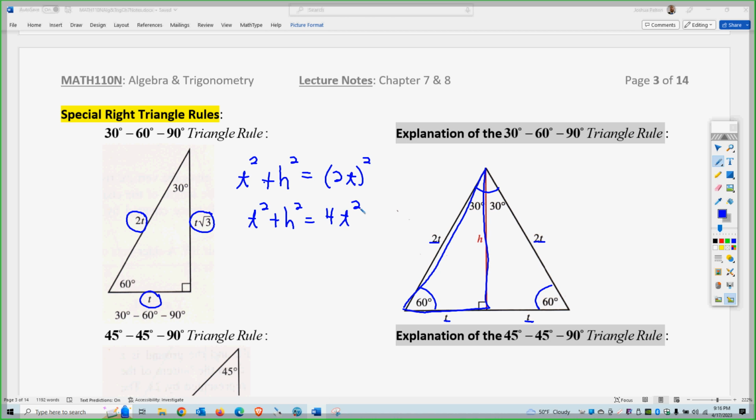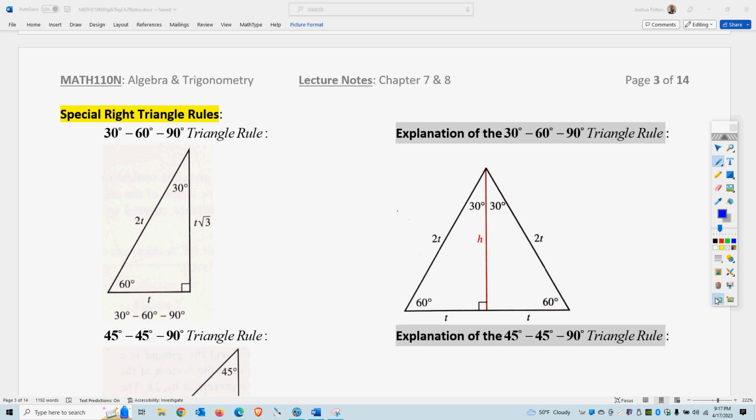So if I subtract t squared, I get h squared equals 3t squared, or h equals the square root of 3t squared. So h equals root 3 times t. It's really plus or minus, but we don't need the negative one in this case. And that's essentially why the 60-degree side is root 3 longer than the 30-degree side. So we always know that as a relative case.